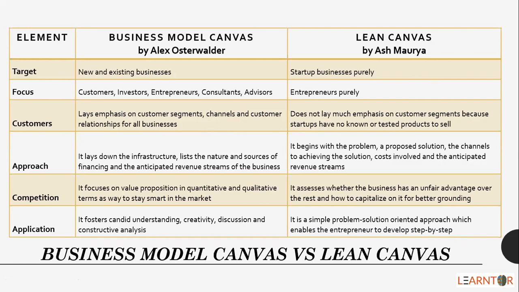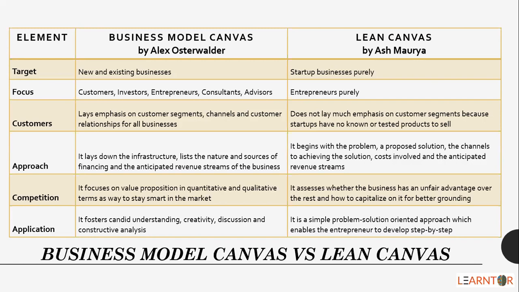The approach for the BMC lays down the infrastructure, lists the nature and source of financing, and the anticipated revenue stream of the business. With the lean canvas, the approach begins with a problem, a proposed solution, the channel to achieving the solution, the cost involved and the anticipated revenue.